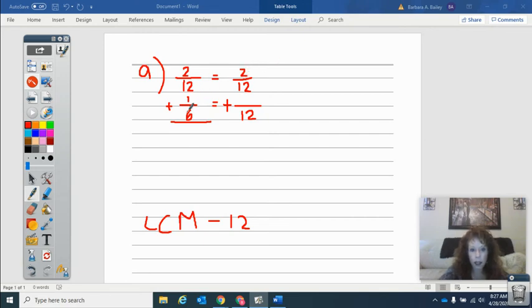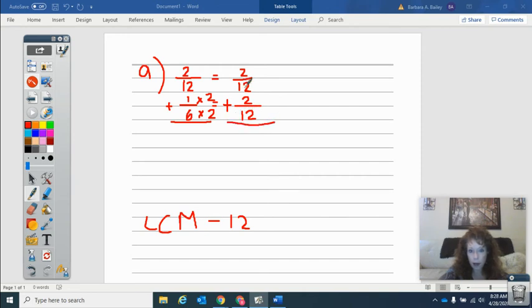What about 1/6? I have to ask myself, 6 times what number gives me 12? Well, 6 times 2 is 12. And so I need to do the same thing in my numerator, multiply times 2, to keep these fractions equivalent. So 1 times 2 is 2.